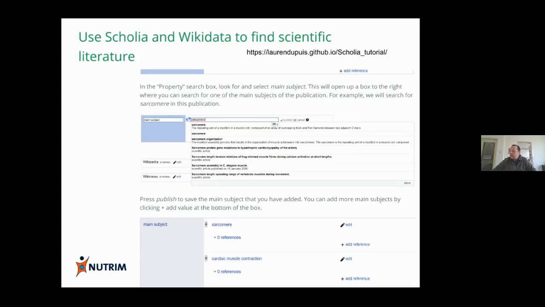Basically, the main subject is like the keywords that you provide with your article, but you have a lot more flexibility and you can link as many main subjects to your article as you like, and specific lipids, for example. The other way around, this is one way that allows us to give an overview of what the literature is about this specific lipid or this class of lipids.